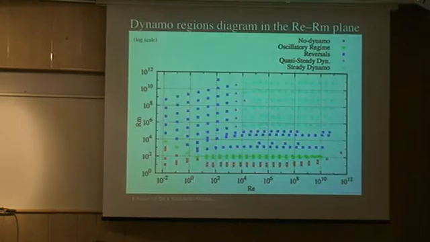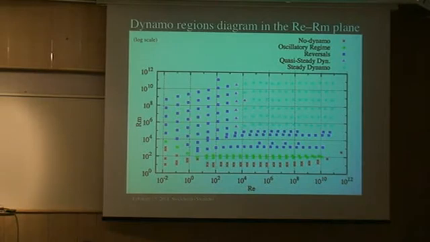Here is the diagram in which I have represented the hydrodynamic Reynolds number along X and the magnetic Reynolds number along Y. The different symbols represent the different kinds of behavior of the system. In particular, the red stars indicate the states in which no dynamo effect is developed inside the system.